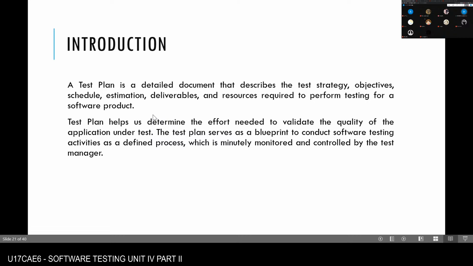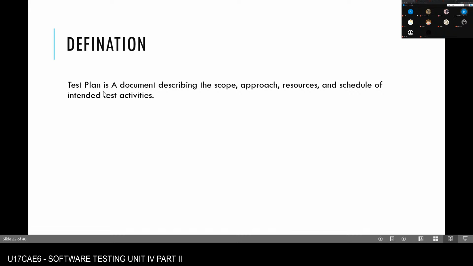So this test plan broadly comprises strategy, objective, schedule, estimation. Everything is there to provide a blueprint and to define a process which will be managed by a test manager or the test management. Okay, so test plan is actually a byproduct of test management. So this is a definition. It is a document describing scope, approach, resources, schedule of intended test activities.